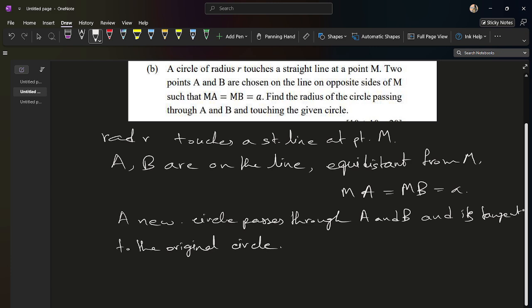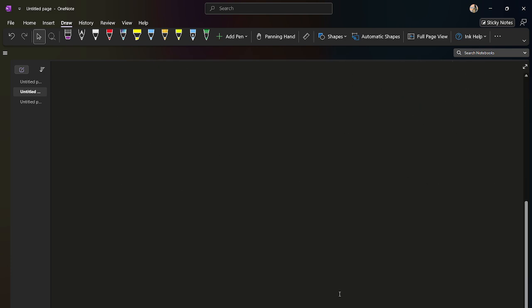Okay. So after that, what can be done here? Now we are going to set up the coordinate system. So place the straight line on which A, M and B lie as the x-axis. Let me write it also so that it will be easier to see. Yeah.